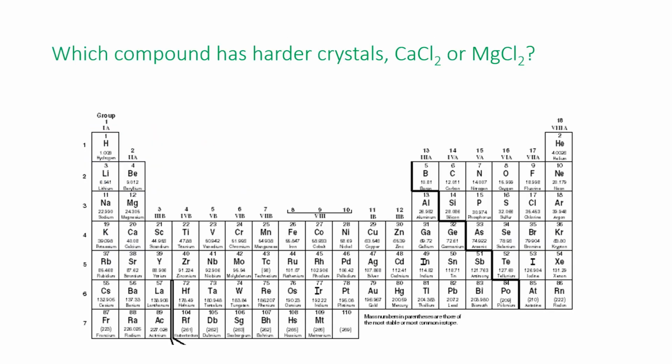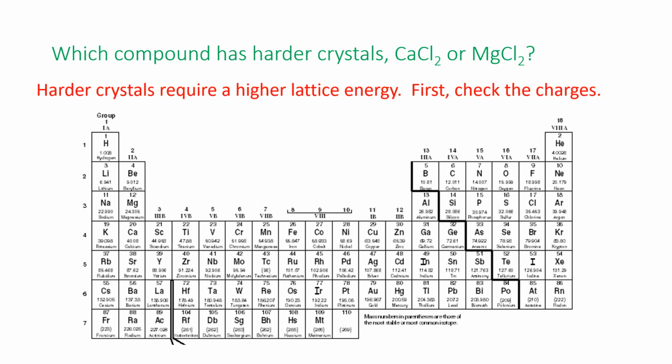Let's look at this next question. It says, which compound has harder crystals, calcium chloride or magnesium chloride? Now with this problem, if you remember, the harder the crystals, they require a higher lattice energy. So we need to look for the ones that have the greater charge.